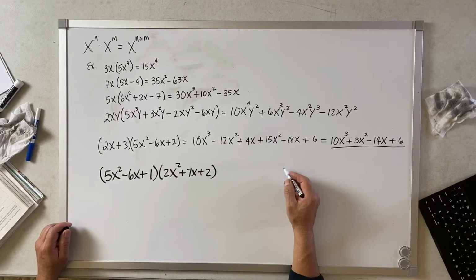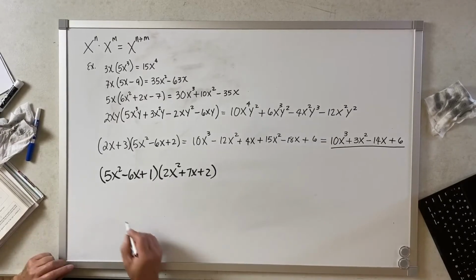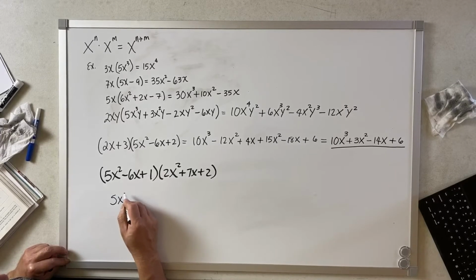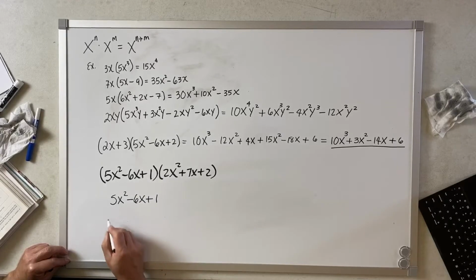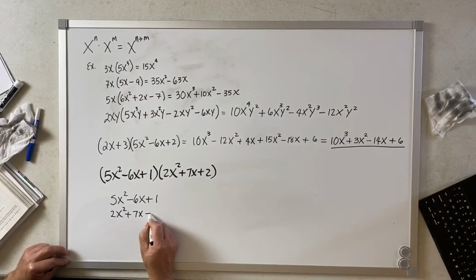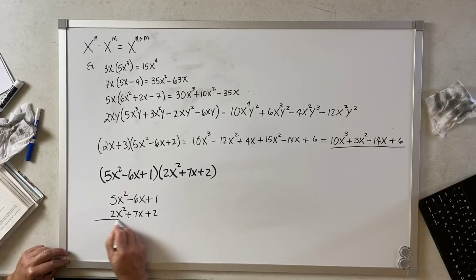I'm going to say 5x squared minus 6x plus 1. And I'm going to write below 2x squared plus 7x plus 2. And the first step is I'm going to multiply.